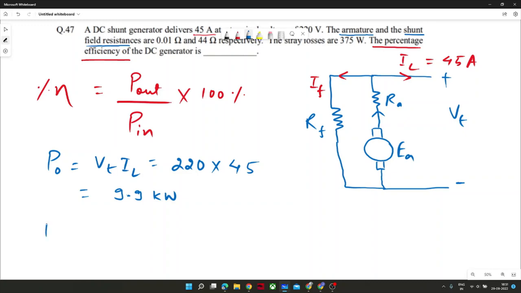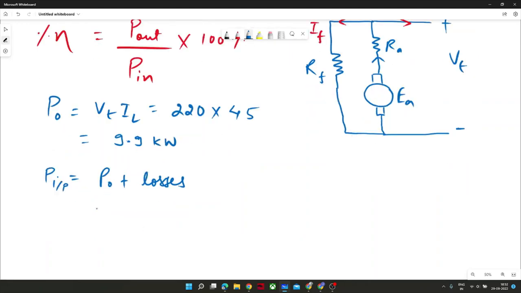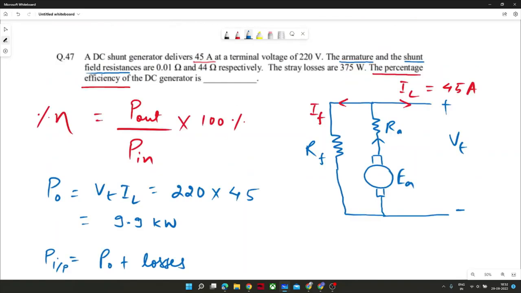So input would be output plus losses, and total losses would be copper losses. Which losses will be present in this circuit? Can anybody identify? One loss is given, a stray loss, that is 375 watt.